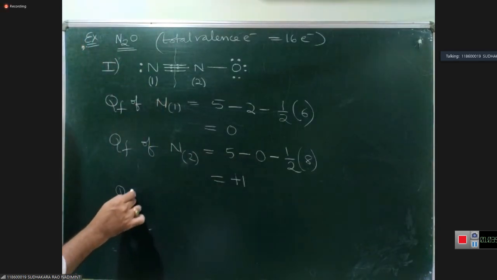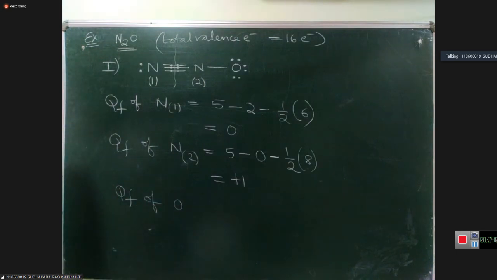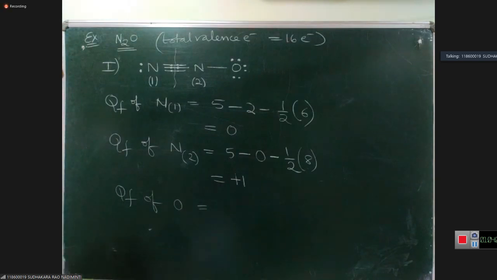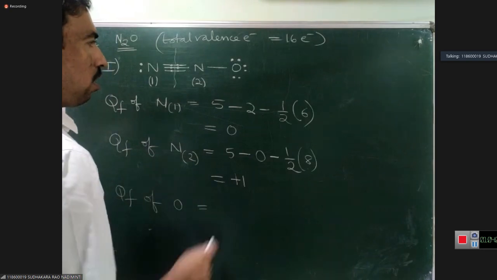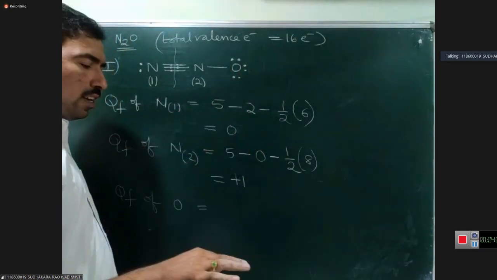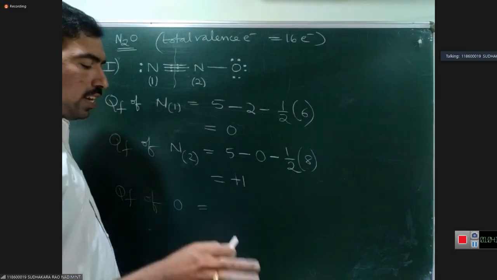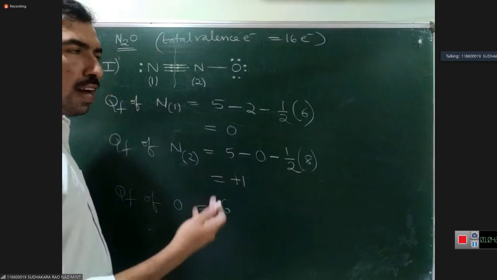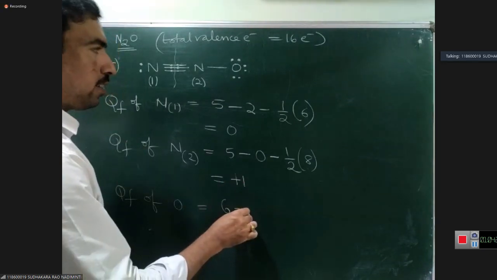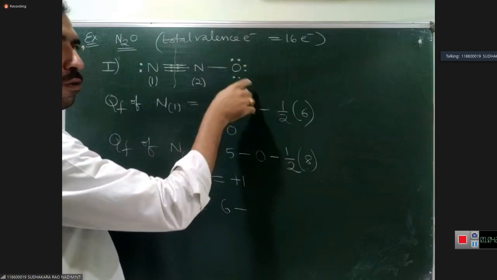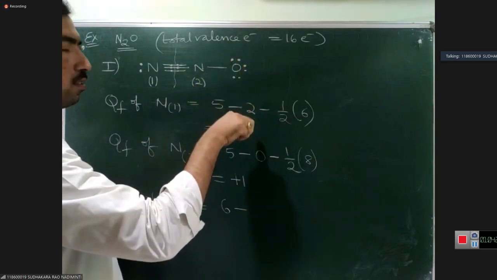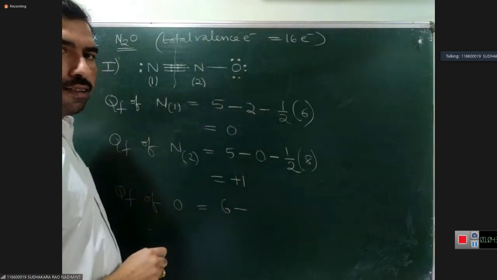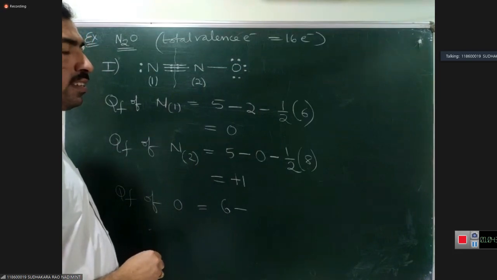Next, the formal charge of oxygen. Formal charge of oxygen is equal to, when oxygen is present in the free state, the valence electrons 6, as it is a 6A group element, minus number of electrons present as lone pairs. 1, 2, 3, 4, 5, 6: 3 twos are 6, so 3 pairs, 6 electrons.